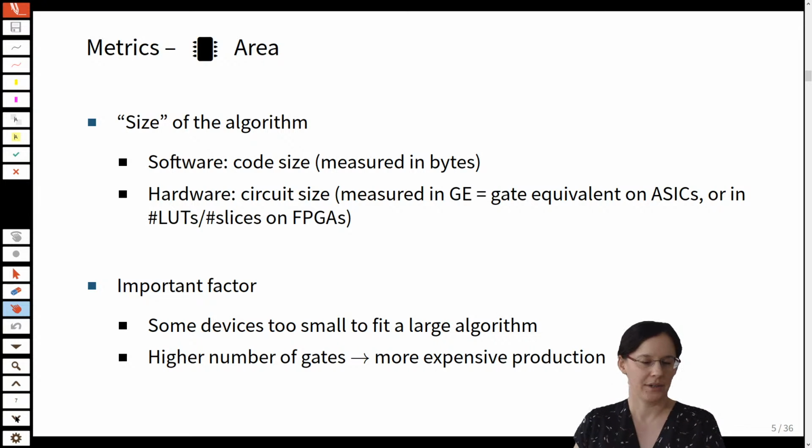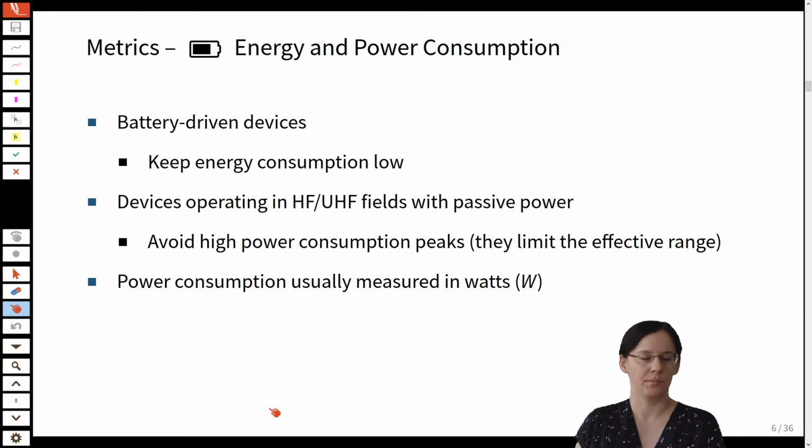So what else is there besides area? One thing we already mentioned is energy and power consumption, where energy is particularly relevant in battery-powered devices, because there is only a limited supply of energy that you can use up.